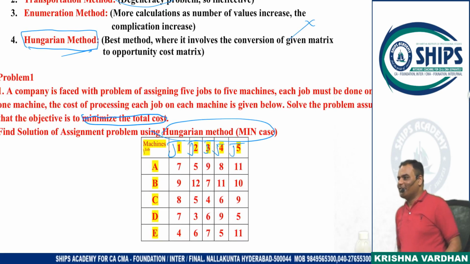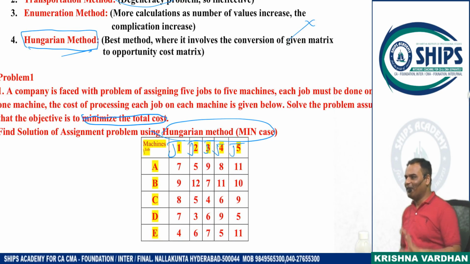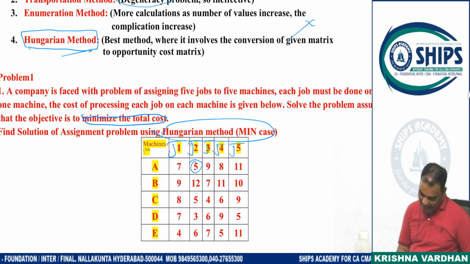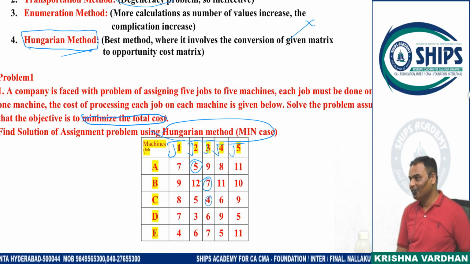So there could be a question: Sir, why should we do so many steps? As a layman, let us assume that in the first row 5 is least, so I'll assign this. Next 7 is least, so I assign this. Then 4 is least. Can I assign this? No. Why?